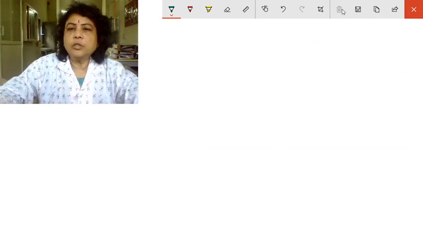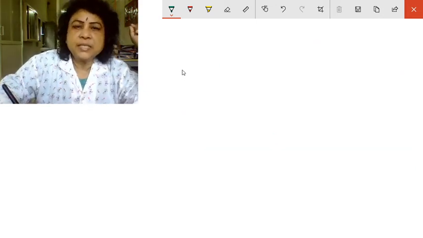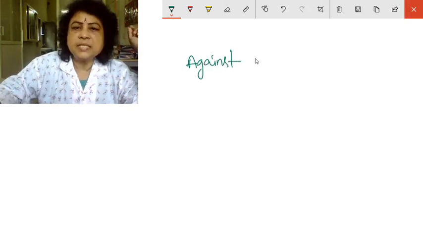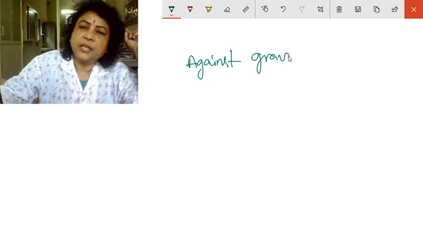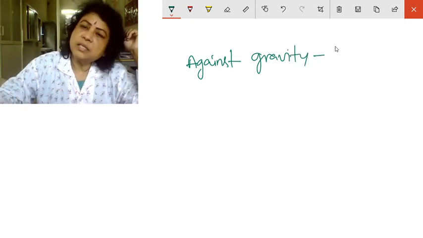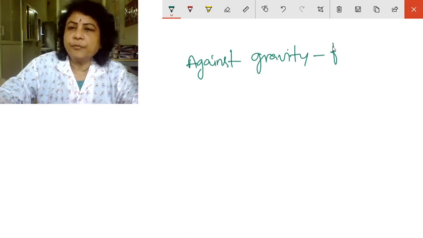This ascent of sap takes place against gravity, so it requires a strong force.